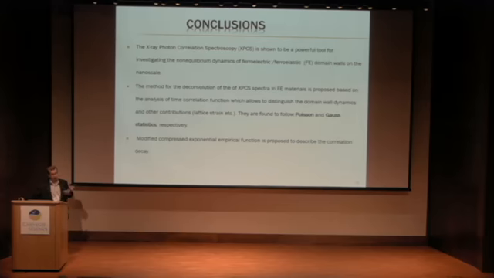It is described by Poisson distribution, and the other contributions can be described by Gaussian statistics. And we proposed the empirical function to describe the correlation function. Thank you.